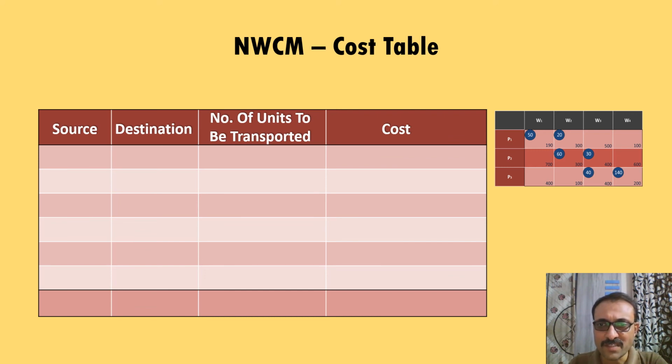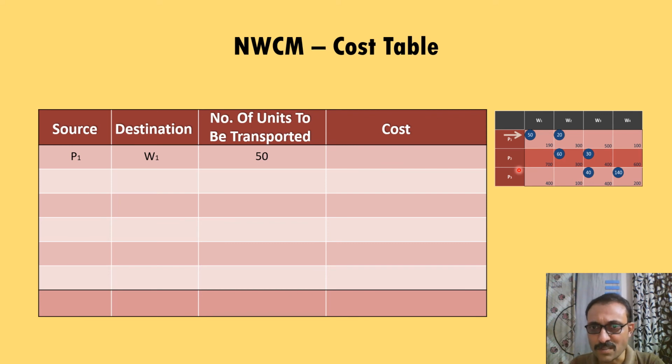Now, which was the first cell that was identified for transportation? Obviously, it was P1W1, which is shown here by this red arrow. So we write in P1 in the table under source. What was the destination? Obviously W1. How many units? 50.